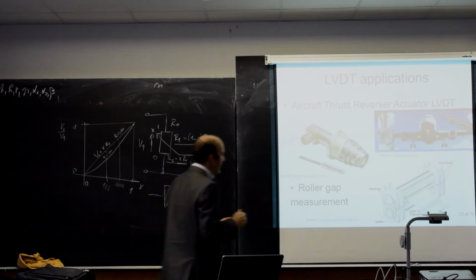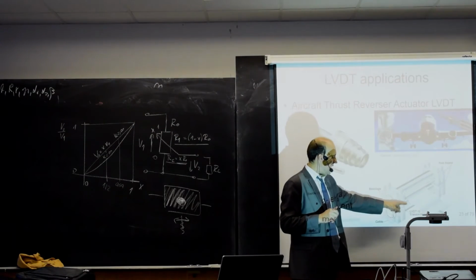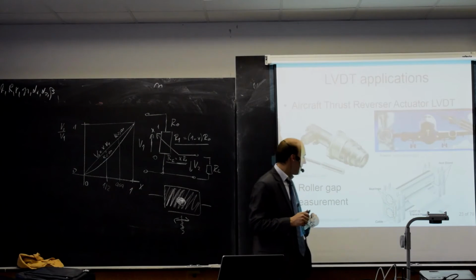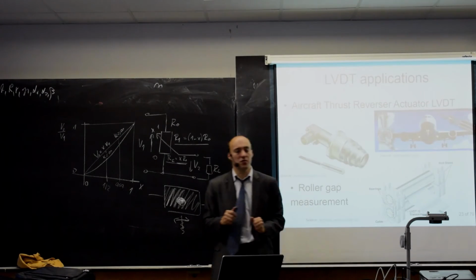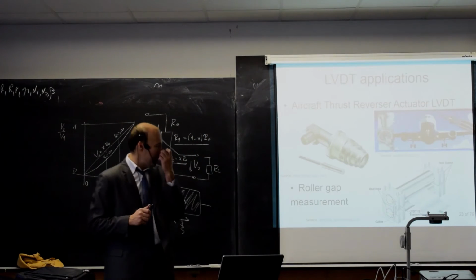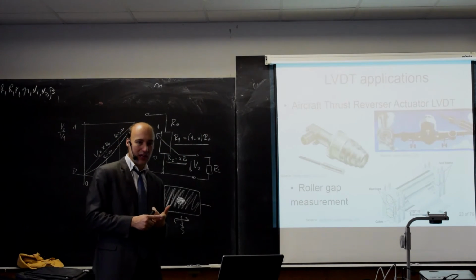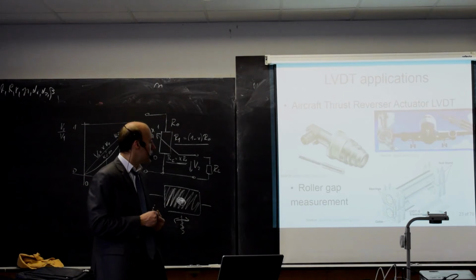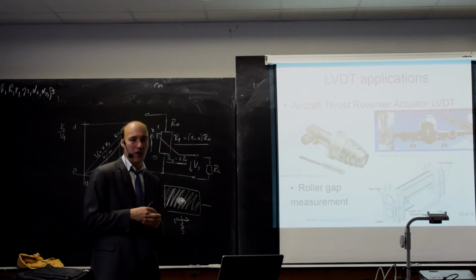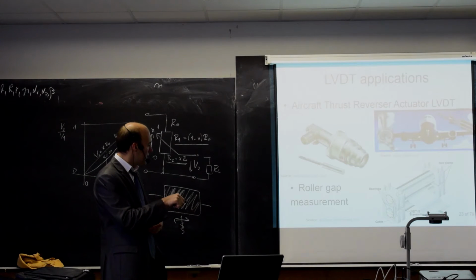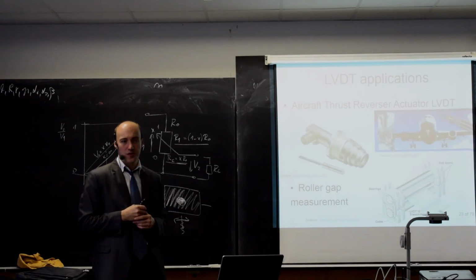Here you see the two rollers and the product, the foil, and the distance between the two rollers is measured by an LVDT, because it's very accurate. It can have a resolution of a few micrometers, and it's very robust. There is no problem with heat or vibrations. So you see, LVDTs are used, for example, in those applications.